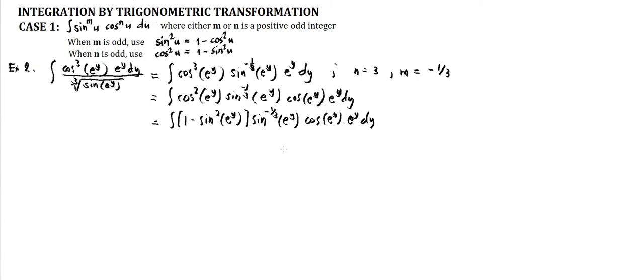Okay? Kaya itong buo na ito, multiply natin dito sa loob at hihiwalay natin yung integration ng bawat term. So, sine raised to negative 1/3 of e to the y, cosine of e to the y times e to the y dy, mamultiply natin sa 1.